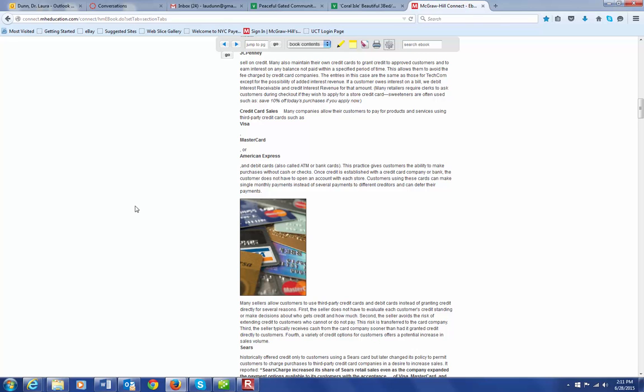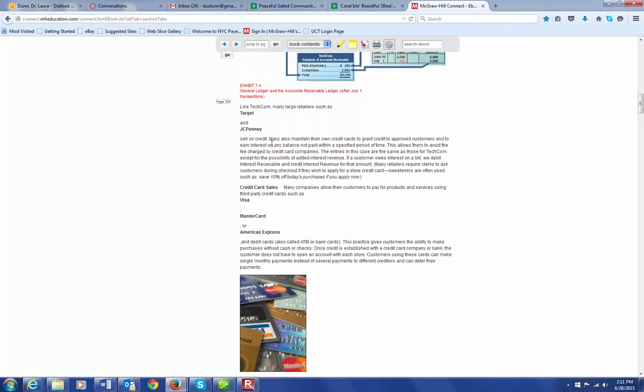In reference to credit card sales, many stores, like department stores, have their own credit cards, and when customers use those, they may end up getting interest because the customer may not pay off the bill all at one time. If interest comes into play, then you also have to have an interest receivable account and an interest revenue account.